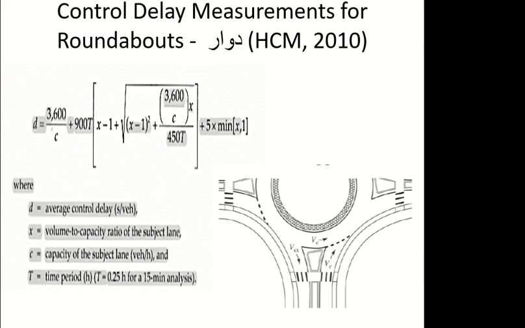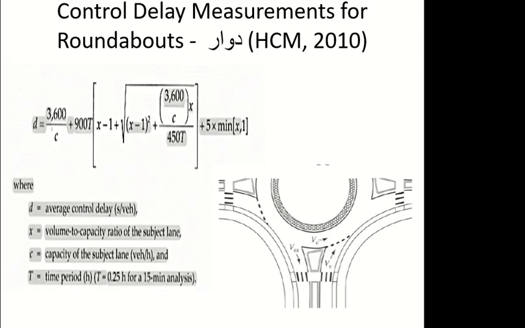I move on to the next part, which is the delay for roundabouts. I said I will do 2 of them, signals and roundabouts. Signals we already did. This is now roundabouts. Roundabout in terms of calculation or in terms of observation is quite simple.